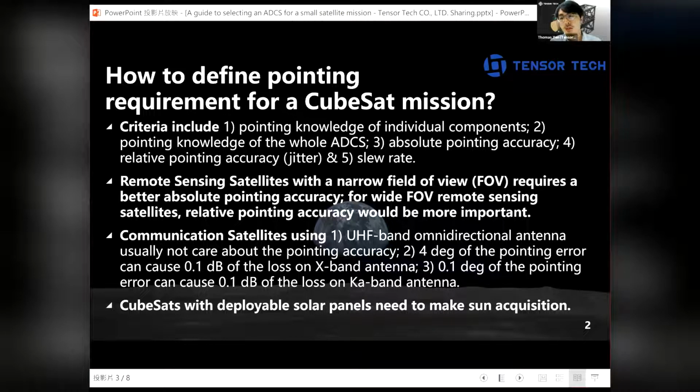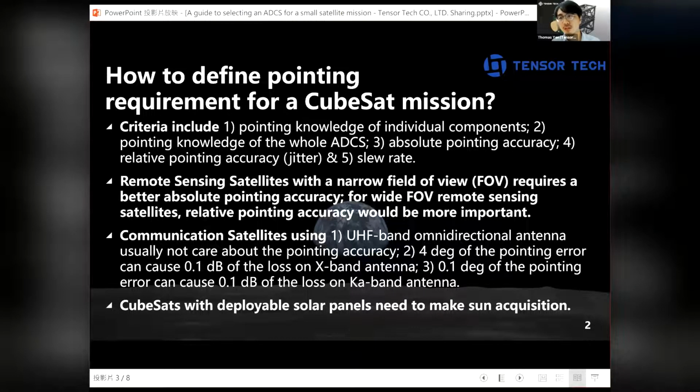Even if you are installing an expandable antenna on your satellite, and you have 4 degrees of angular deviation, it only costs 0.1 dB of losses for the antenna. The higher the communication frequency you are using, the better pointing accuracy the antenna usually requires.